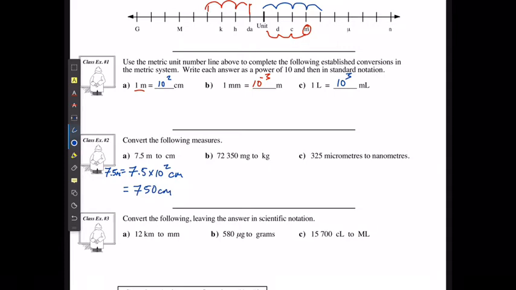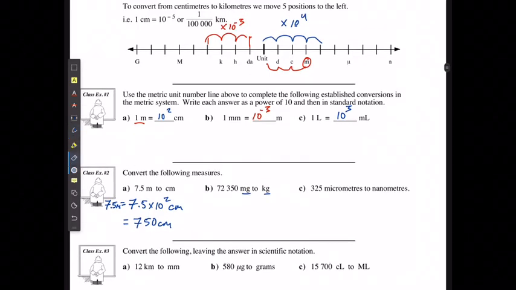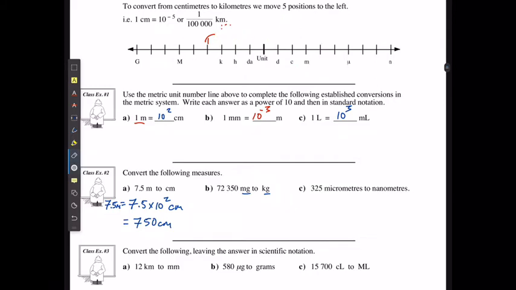If I had milligrams to kilograms, then I'm starting at my millis, I'm going to kilos, and I need to move to the left 6 times, which means that 72350 milligrams would equal 72350 times 10 to the negative 6 kilograms.